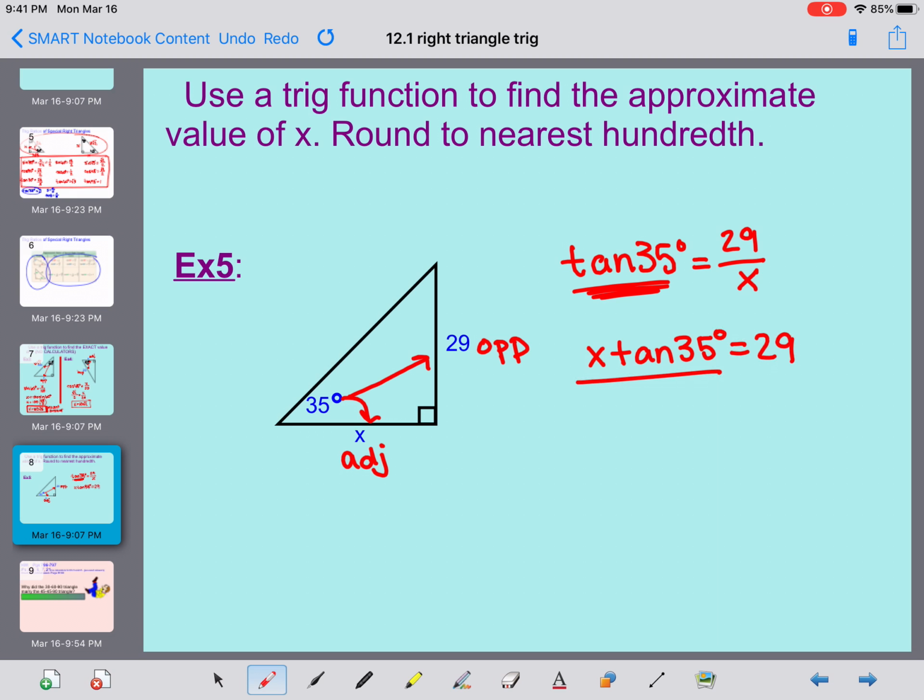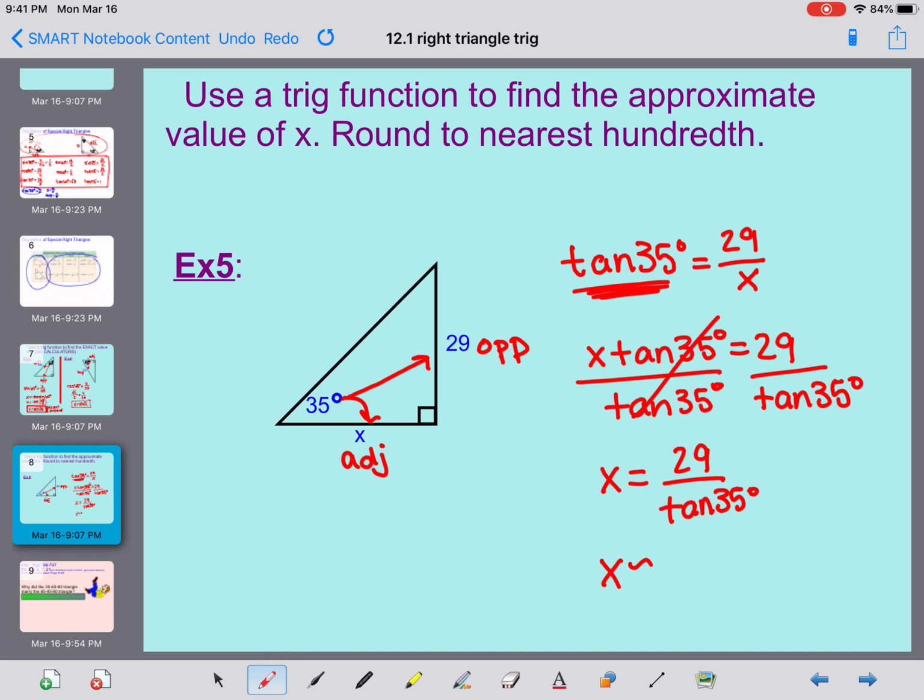And then you can divide both sides by tangent of 35 degrees. So x equals 29 over tangent of 35 degrees. Then you would grab your calculator and put in 29 divided by tangent of 35 degrees, and you should be getting this decimal.